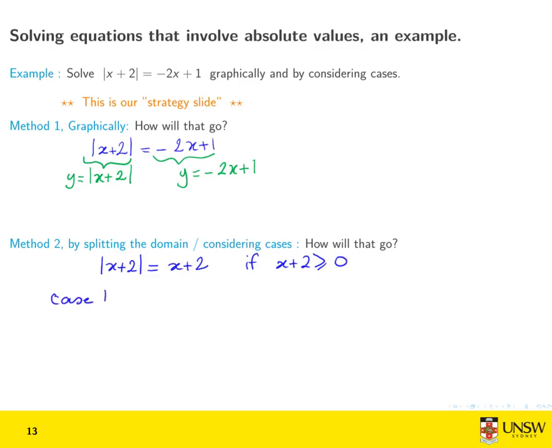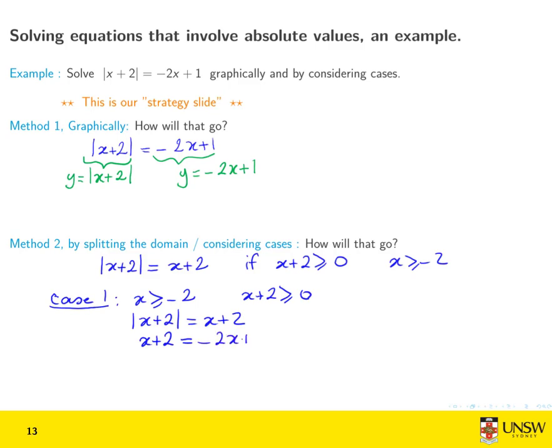Case 1, x is greater than or equal to negative 2, which in turn means x plus 2 is greater than or equal to 0. And for these values of x, we can say that the absolute value of x plus 2 is x plus 2. And we get a nice equation, because now the way to rewrite the original equation is this, which we can easily solve.